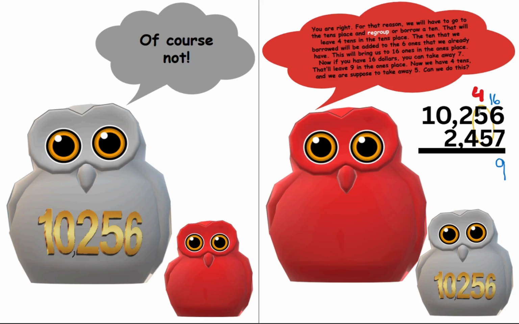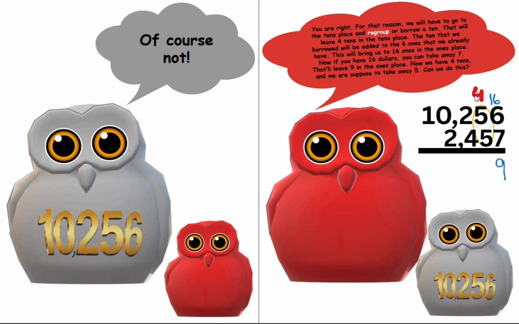That will leave 4 tens in the tens place. The 10 that we borrowed will be added to the 6 ones that we already have. This will bring us to 16 ones in the ones place. Now, if you have $16, you can take away 7. That'll leave 9 in the ones place.